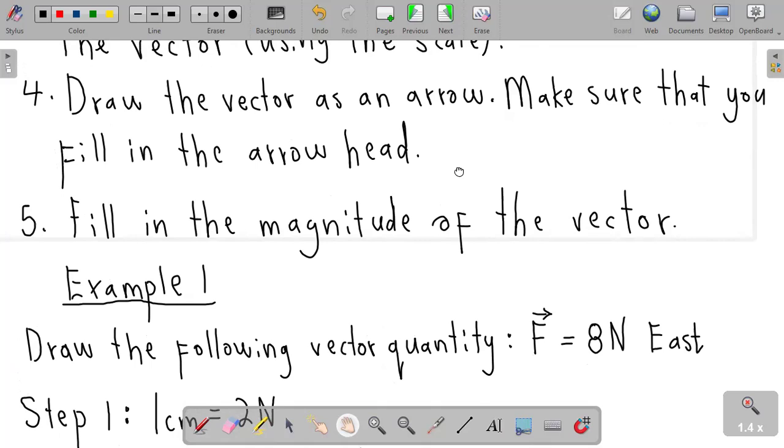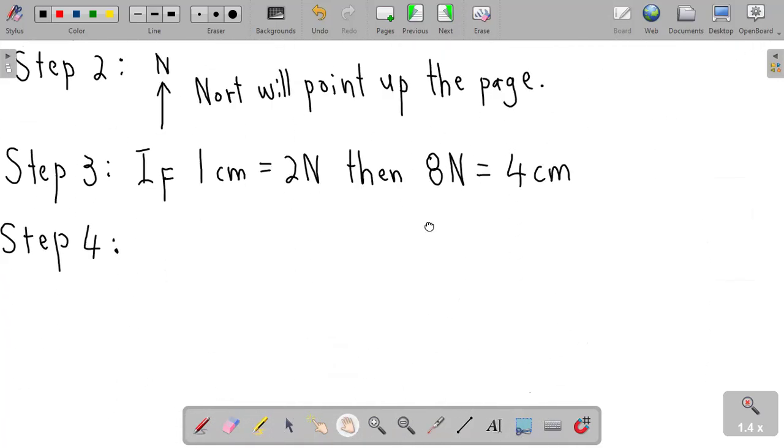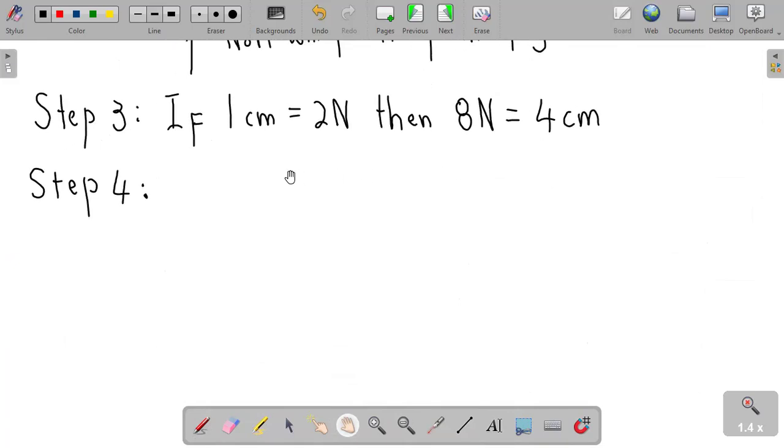Now that we've determined the length, then we can draw the vector, isn't it? So here we are saying that the length here has to be 1 centimeter. Okay. So on your page, you see, this has to be 1 centimeter.